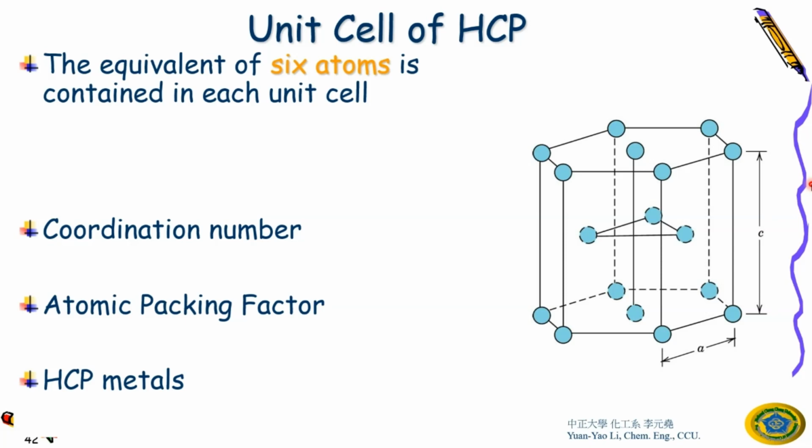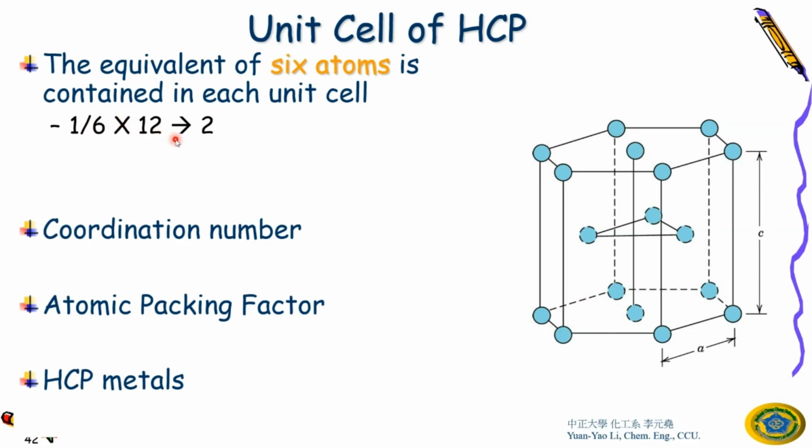So for the HCP unit cell, the equivalent of 6 atoms is contained in each unit cell. For example, you have 1/6 of the atoms in the corners, and you have 12 of them.